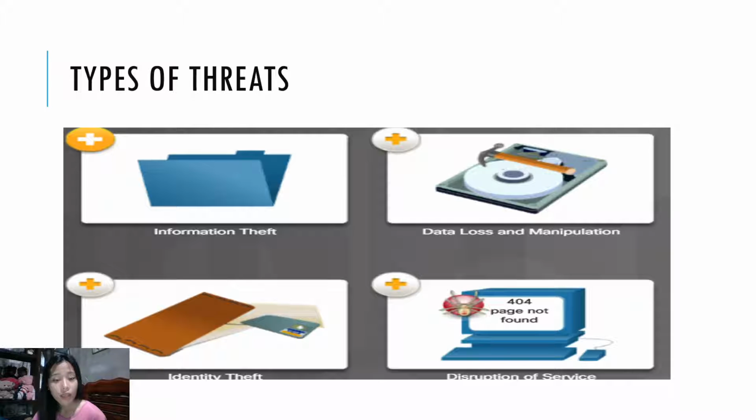Identity theft is a growing problem costing billions of dollars per year. The next one is disruption of service. This is preventing legitimate users from accessing services to which they should be entitled. An example is denial of service or DoS, an attack on network devices or network communication links.